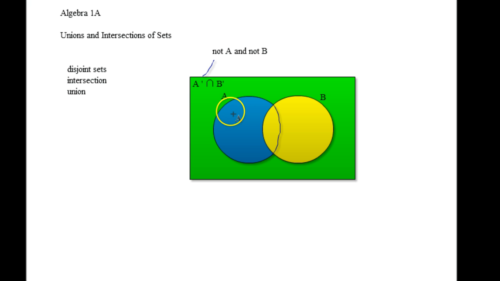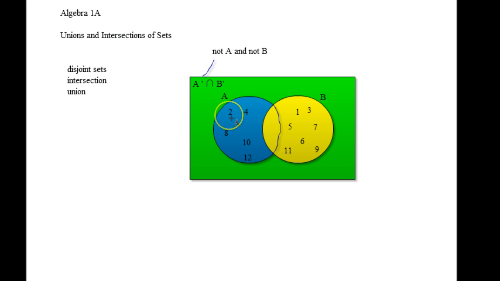Let's say that we had the numbers 2, 4, 8, 10, 12, and then we also had 1, 3, 5, 6, 7, 9, 11.